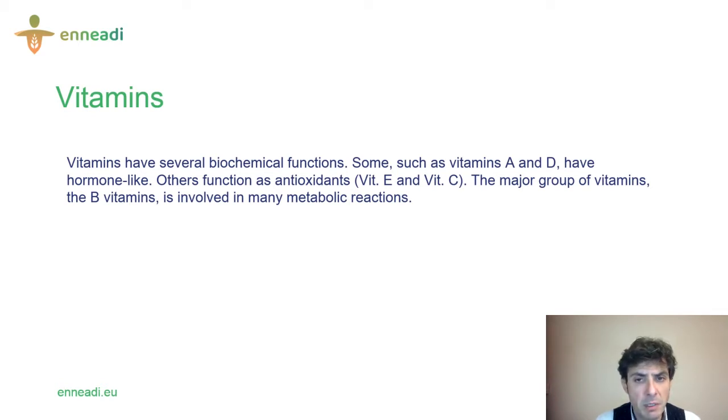Other vitamins, like vitamin C or vitamin E, participate in antioxidant reactions, so they protect our body from oxidative stress. But the major group of vitamins, the B group, are involved in many metabolic reactions.